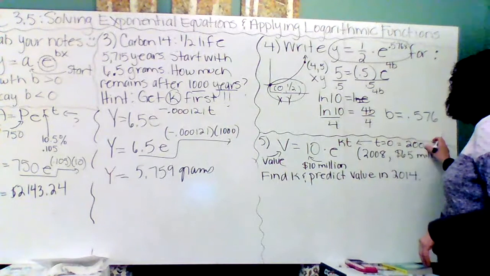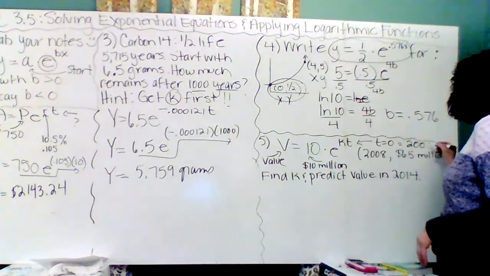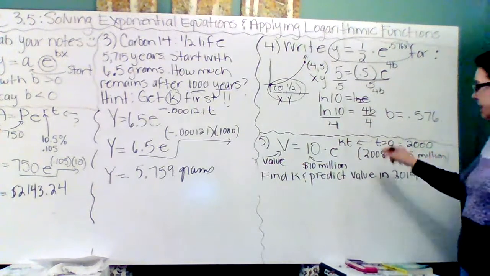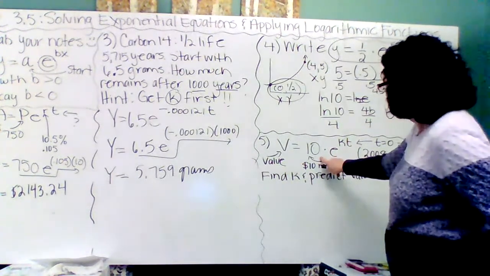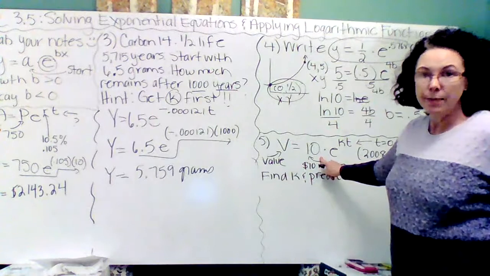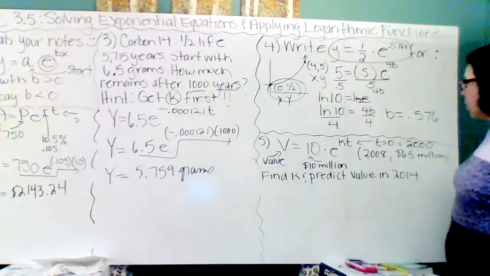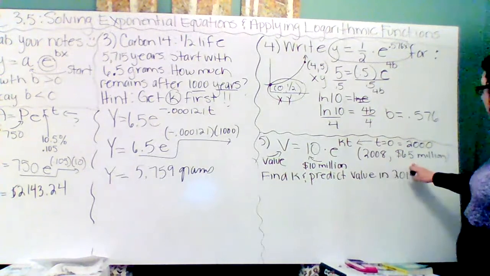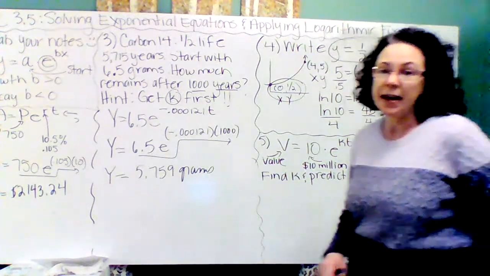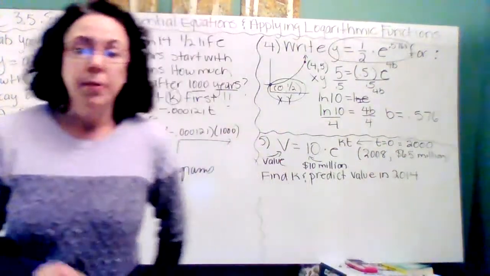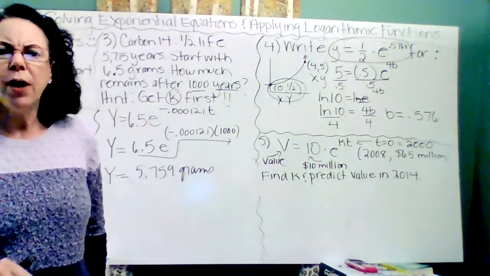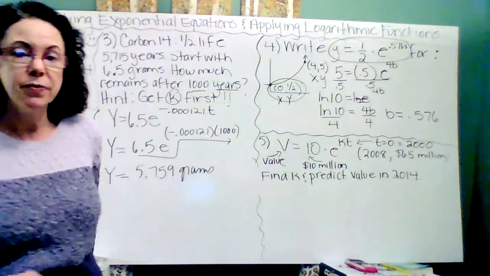And they're telling us that at a time of 0, which is the year 2000, the painting's starting amount was $10 million. So what they tell us later is that in 2008, the painting was valued at 65 million. Isn't that crazy? But it does happen. So they want K, and they want us to predict the value in 2014.